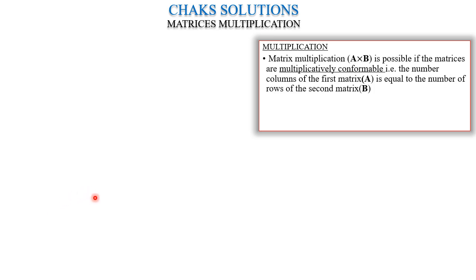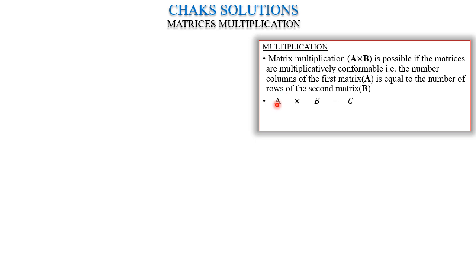We are saying multiplication of matrices A and B is possible if the matrices are multiplicative conformable. That is, the number of columns of the first matrix should be equal to the number of rows of the second matrix. Let's say we have A and B here.